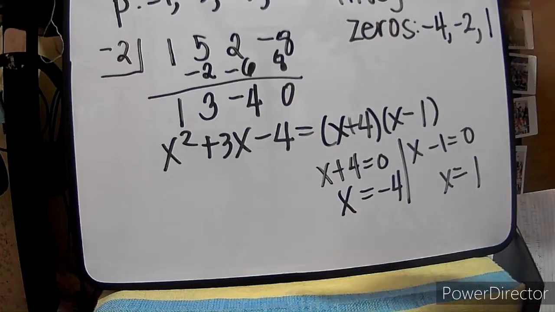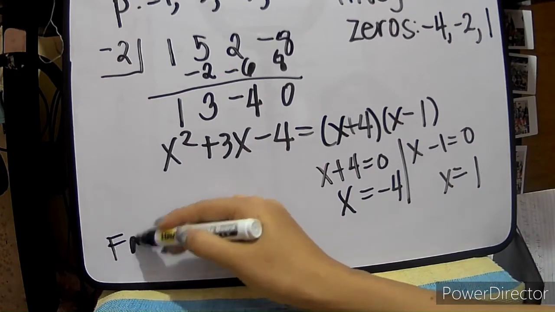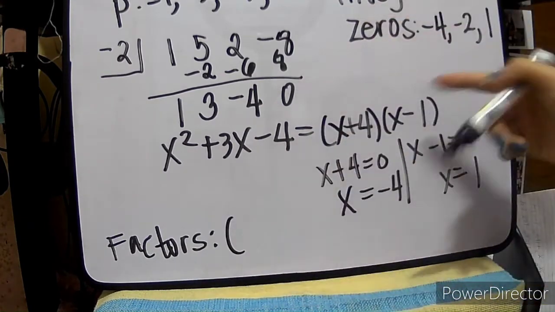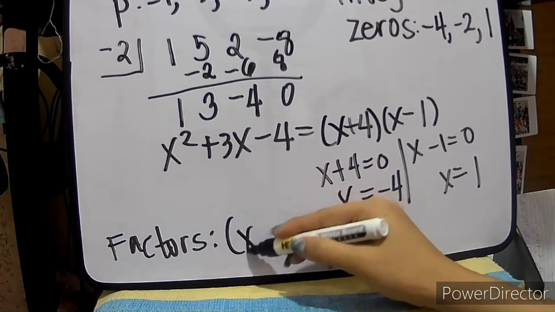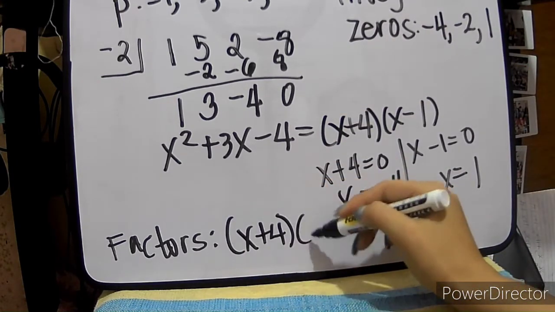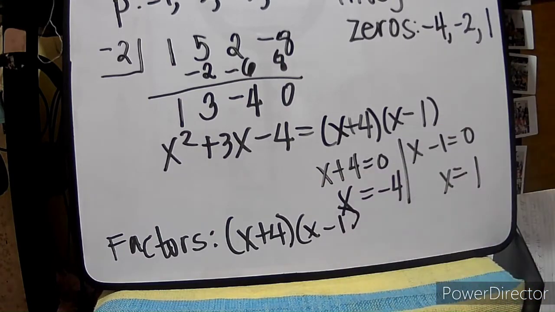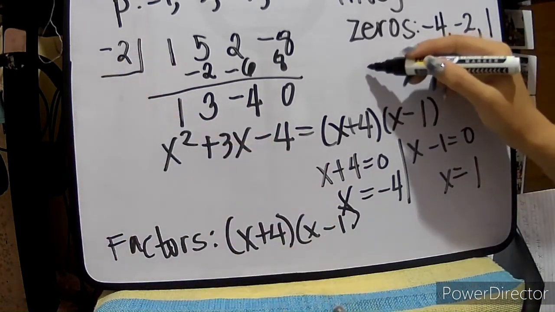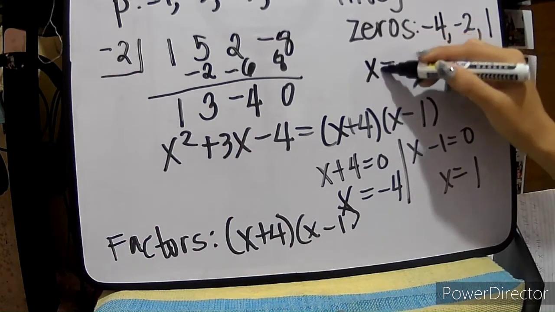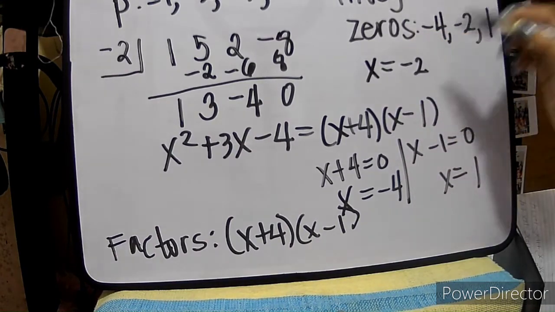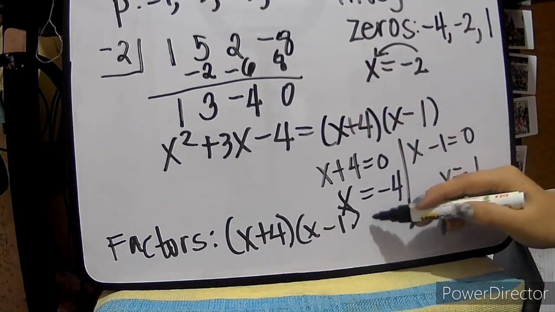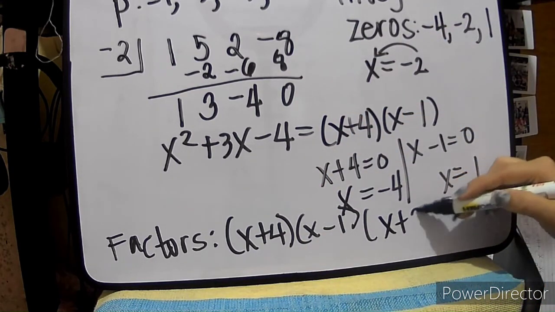And then, kapag factors naman yung hinihingi, of course, yung factored form. So, unahin na natin to. Which is x plus 4, x minus 1. At ito, kapag sinulat natin to sa factored form, so, sabi doon, x is equals to negative 2. So, transpose lang to doon para maging x plus 2.